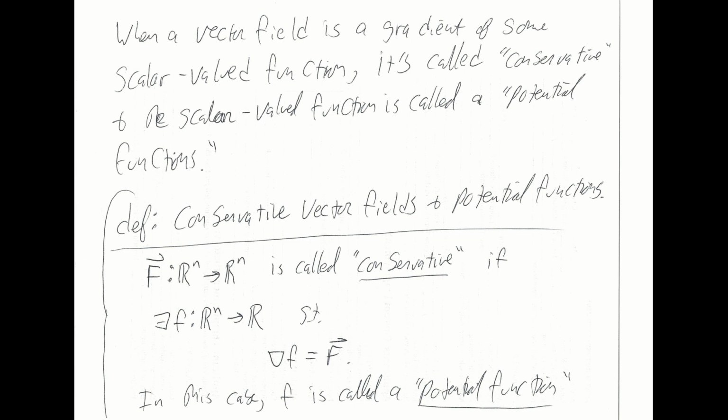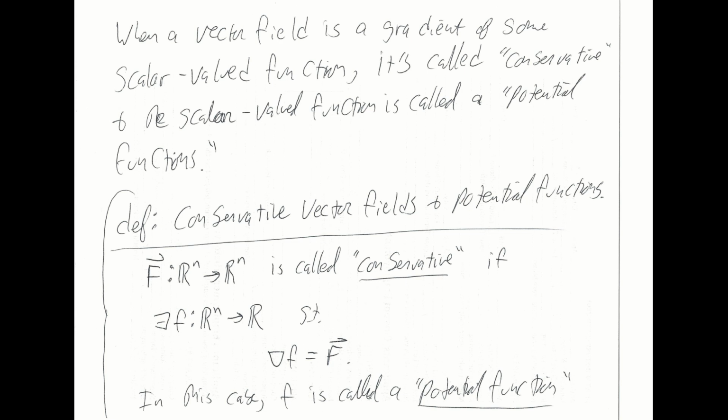So there are vector fields which are not the gradient of any function. But those vector fields which are a gradient, for which there does exist some little f, such that the gradient of little f gives you that vector field, those are special. Those are important, and we are going to study them in greater detail. They are known as conservative vector fields, and the little f, whose gradient gave you big F, is called a potential function for big F.